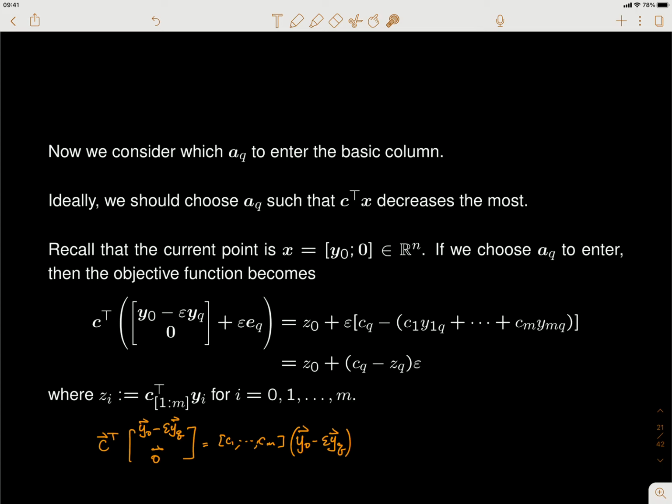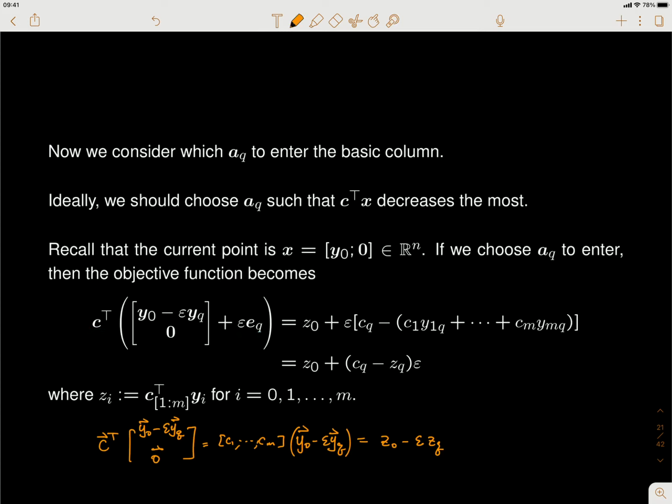From that you can see that when I multiply this and y0, I'm getting z0 according to my notation, and when I multiply this and yq, I get zq as I defined. So this is equal to z0, which is a scalar, the inner product of the two vectors, minus epsilon zq. They're all scalars. I also have the inner product of c and epsilon eq. Epsilon is a constant, so I can move it out.